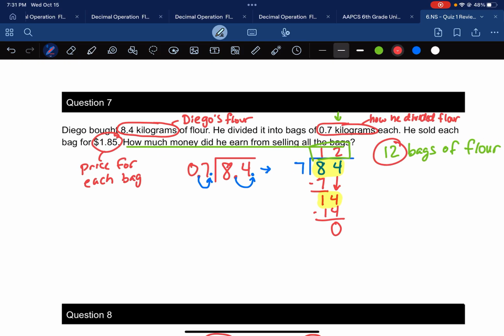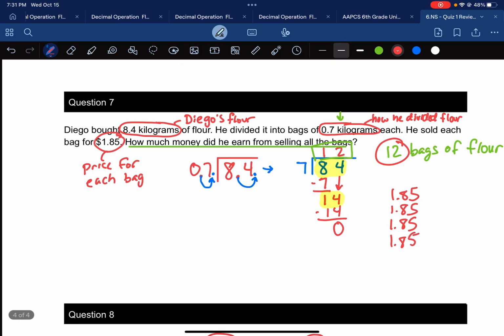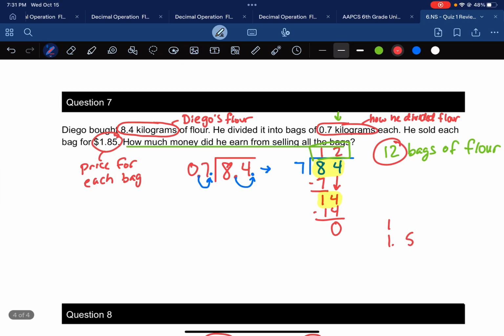Now, if we have 12 bags of flour and each bag costs $1.85, how would you find the price of all the bags of flour? Well, you could do $1.85 plus $1.85 12 times, or much easier, you can do 12 times 1.85. Okay?